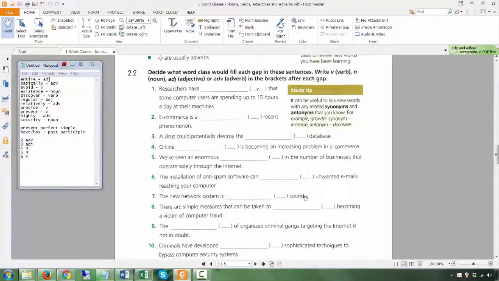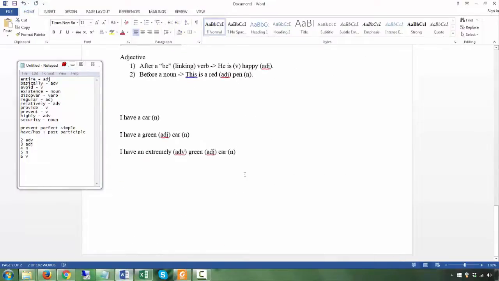And if this is an adjective after the be verb, what is this? Just now I mentioned that after an article you could have a noun, but you could have an adjective before the noun, or an adverb before the adjective. Same for: he is happy. This is your adjective. This is your be verb.